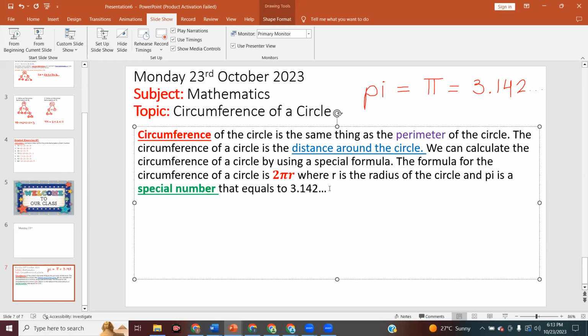But the approximation is typically 3.14 in your exam. So you have to use the approximation that they give you.